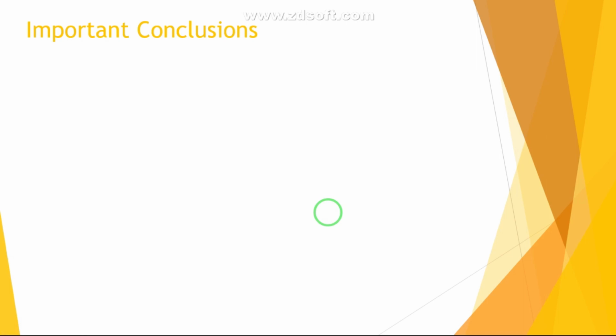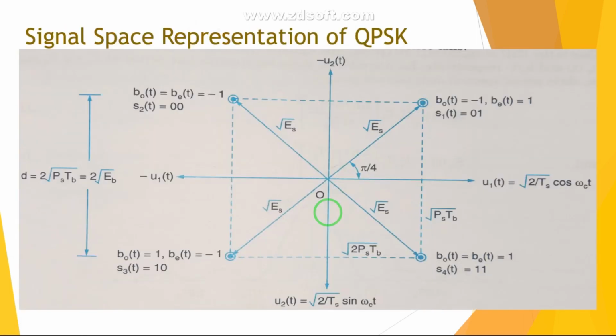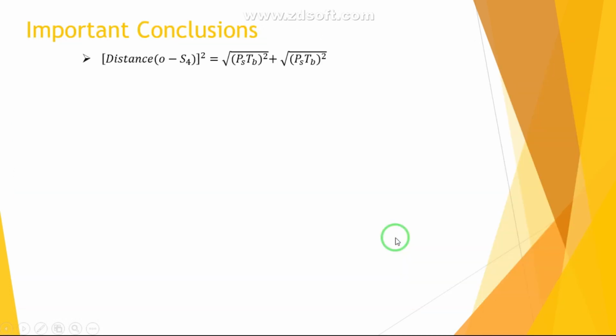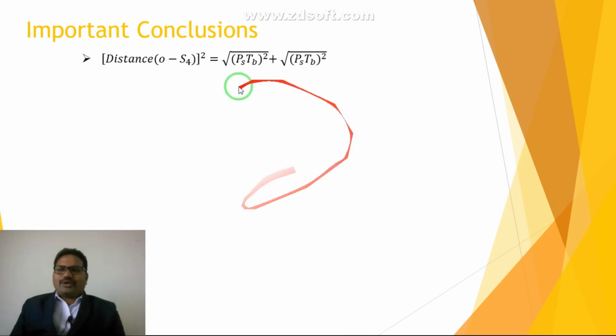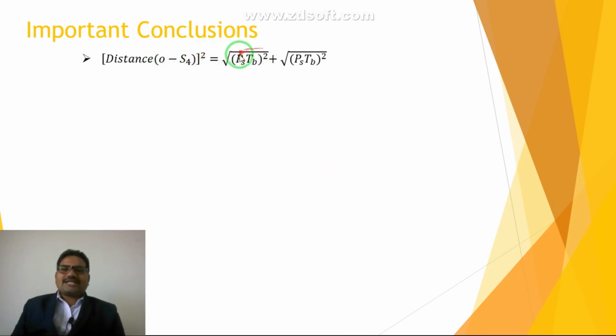From this, you have to find the distance 0 to S4. Now we are going to find it. So you can find this distance: 0 to S4 squared is equal to the square root of PsTb squared plus the square root of PsTb whole squared. Make it equation number 9.